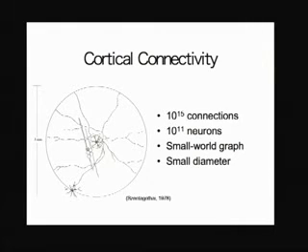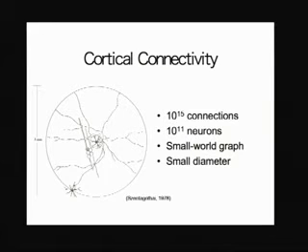So we're talking about the cortex, not about graphs that you can draw on blackboards. And the kind of connectivity in the cortex is of a relatively benign sort. So there are on the order of 10 to the 11th neurons, but only 10 to the 15th connections. So this is usually referred to as a very sparse graph. It has what's called the small world properties.